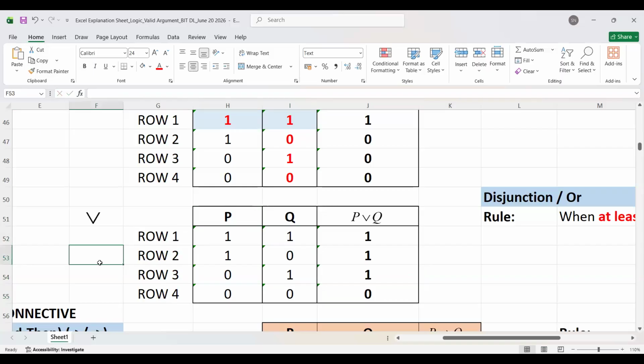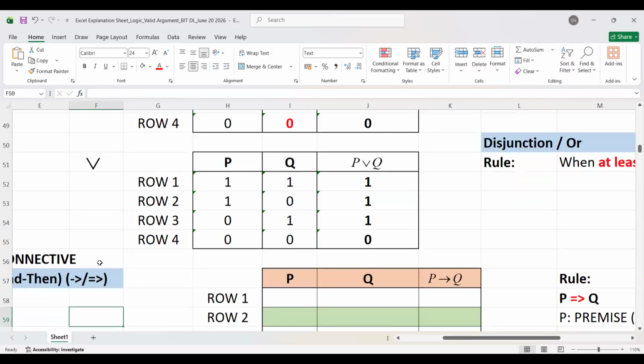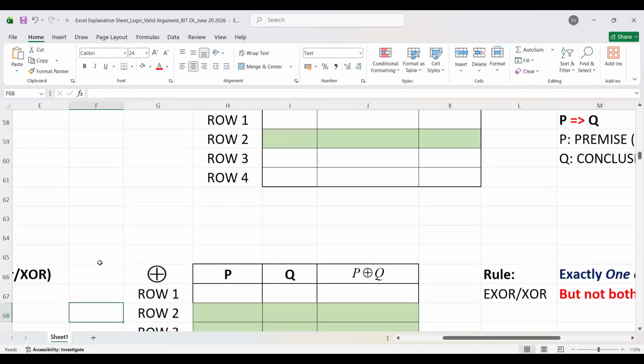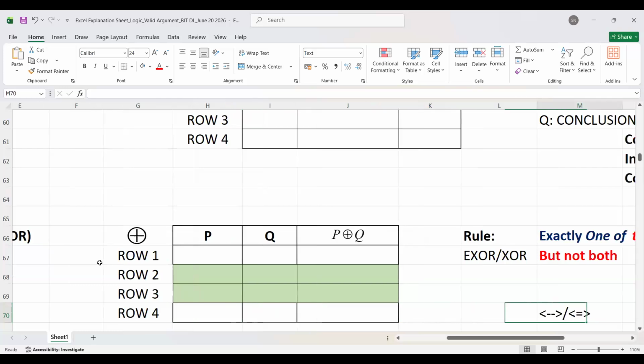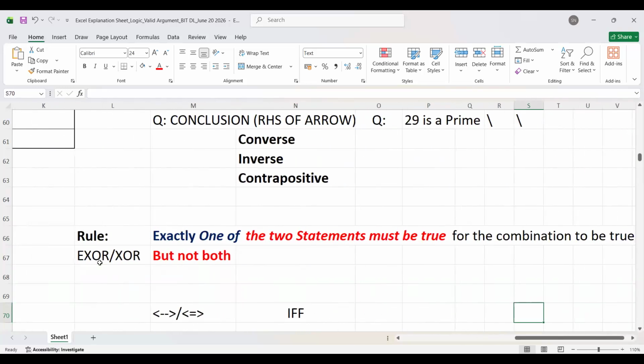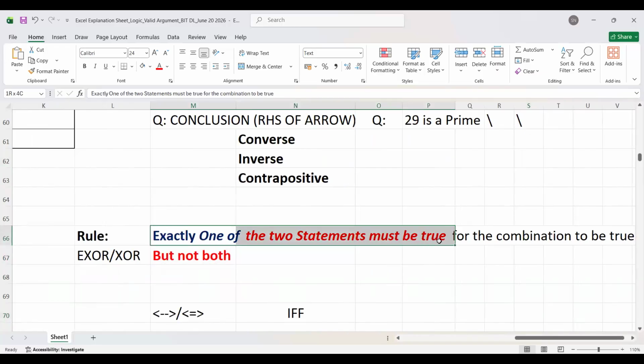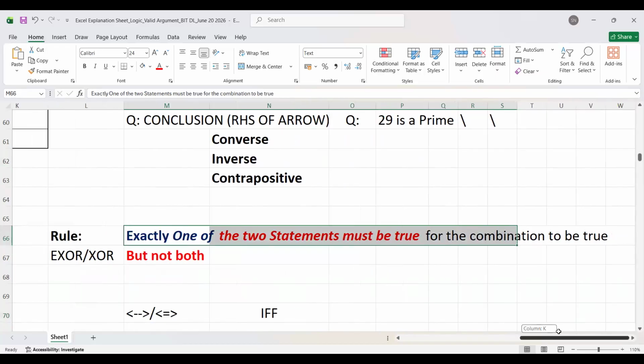Okay, now the fourth one, we said exclusive or. So I'm going to jump this one and go to exclusive or. The key word here is exactly one must be true. So exactly one of the two statements must be true. Then the combination P exclusive or Q is true.